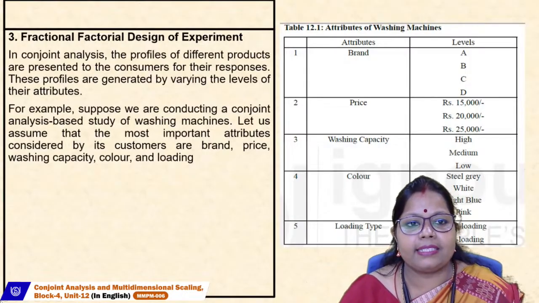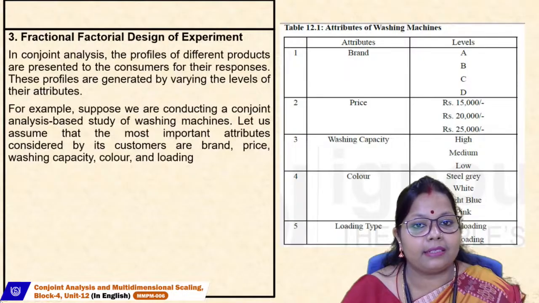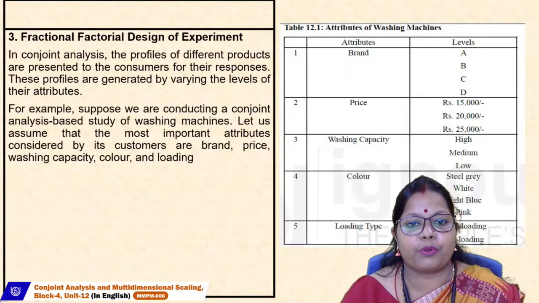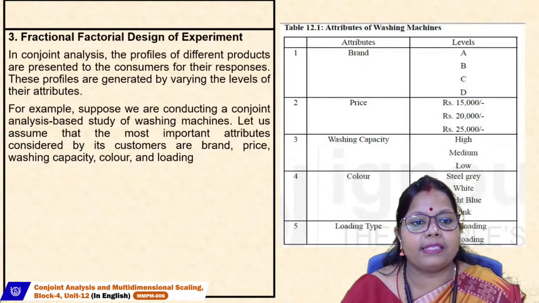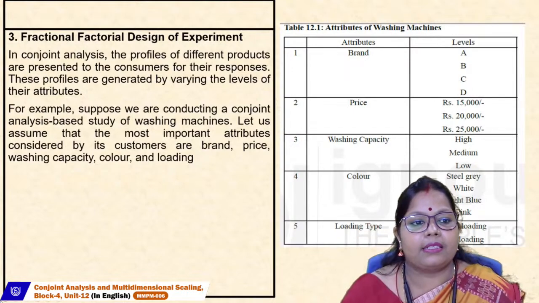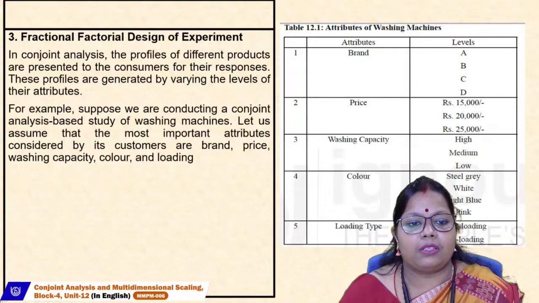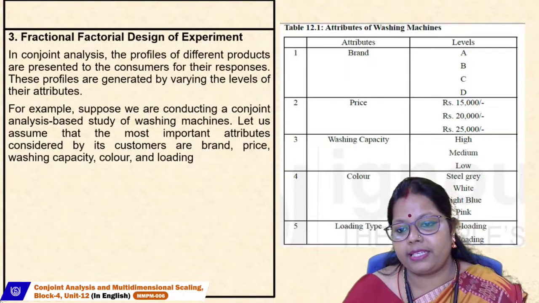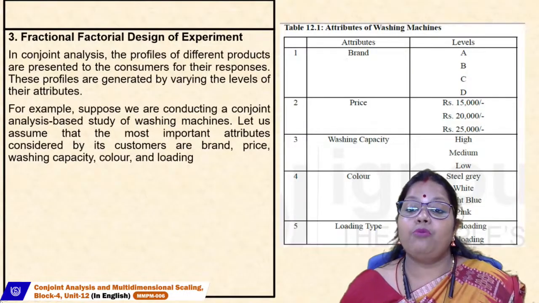In conjoint analysis, profiles of different products are presented to consumers for their responses, and these profiles are generated by varying the levels of their attributes. For example, suppose we are conducting a conjoint analysis based on a study of washing machines. Let us assume the most important attributes are brand, price, washing capacity, color, and loading profile. And what are the levels?